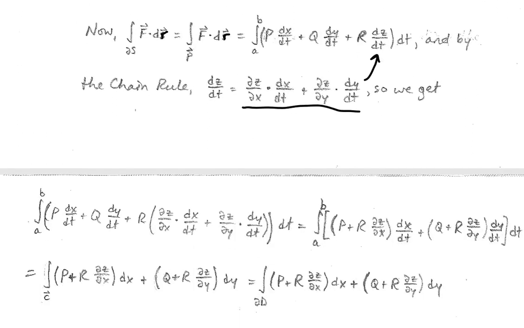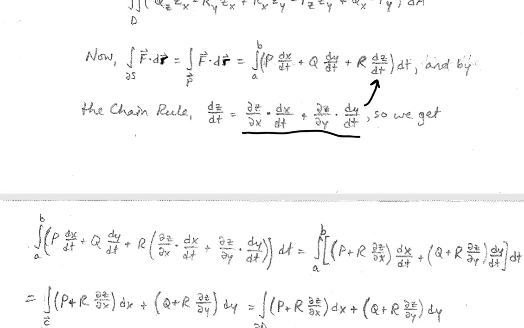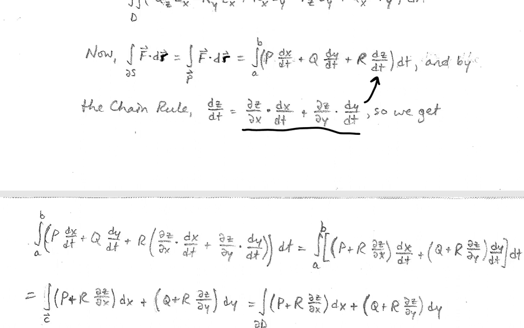And you can see that when we do that, we get the integral from a to b of p times dx over dt plus q times dy over dt plus r times everything that we just underlined. We multiply the r into both of these terms, and then we're going to reorder some terms.